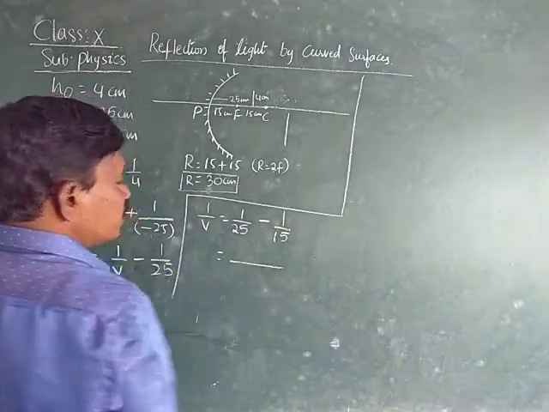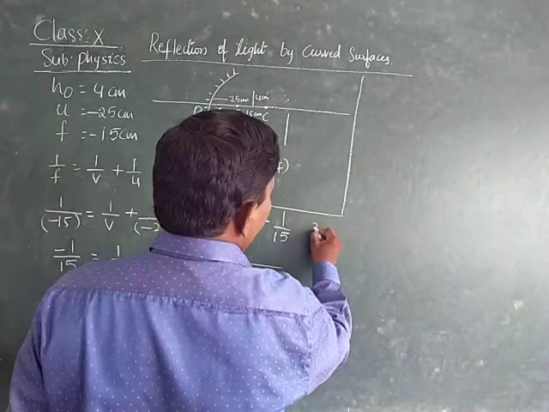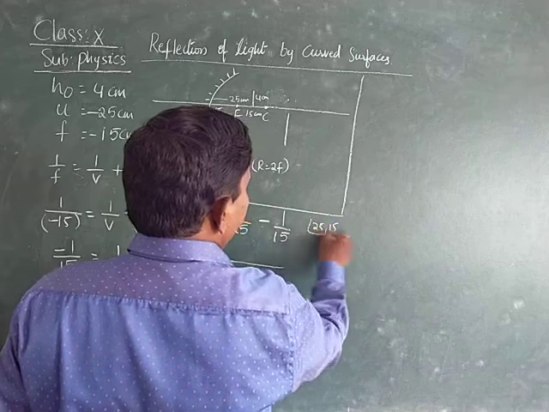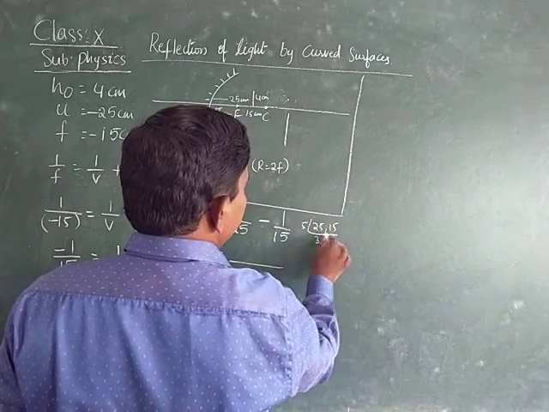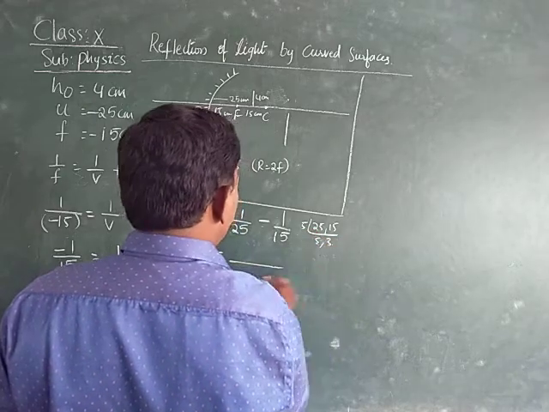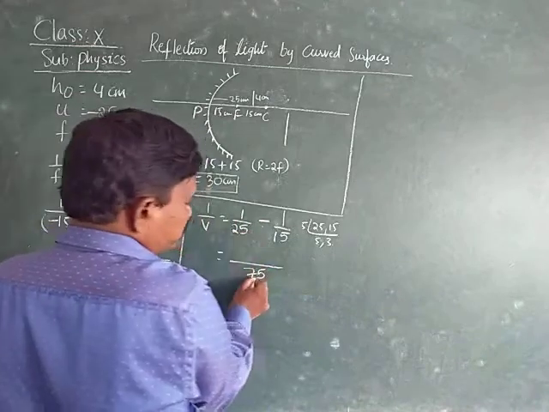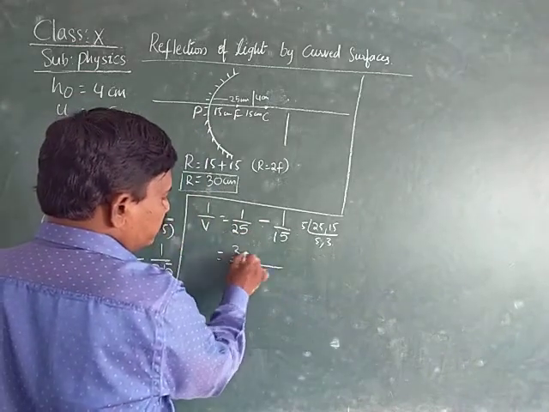What is the LCM of 25 and 15? 5 fives are 25, 25 into 3 is 75. 25 how many times? 25 threes are 75, so 3.